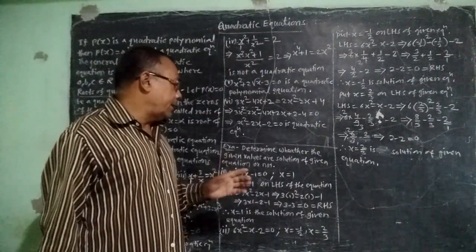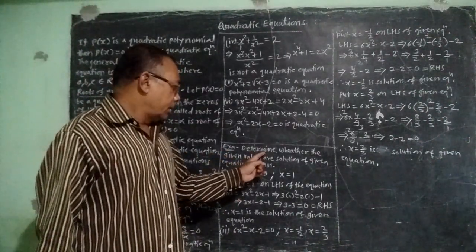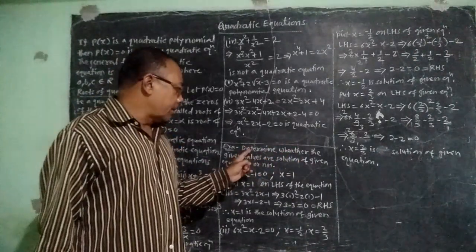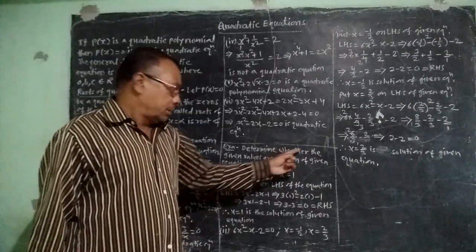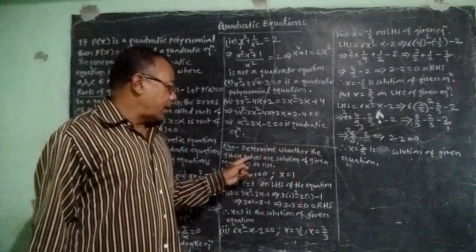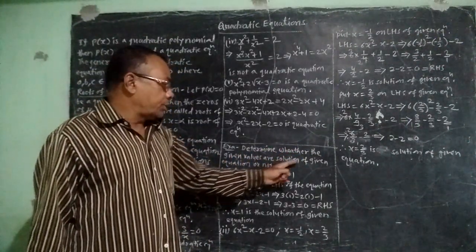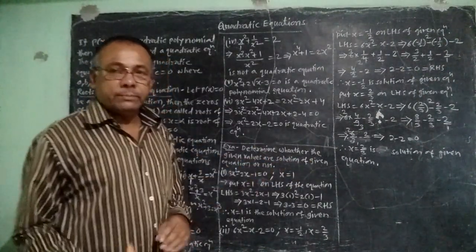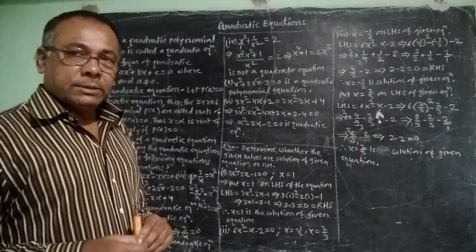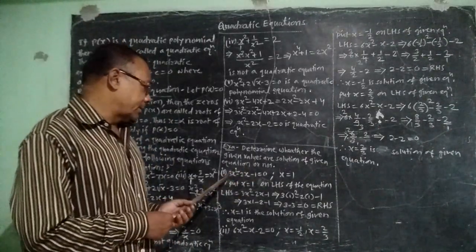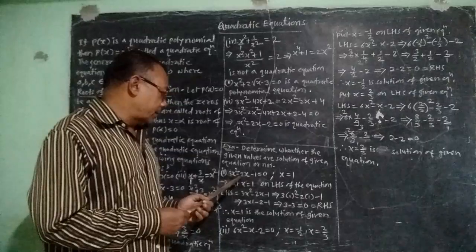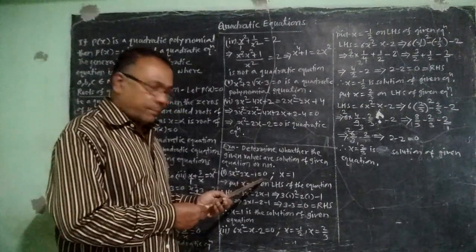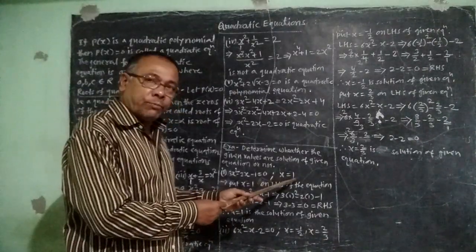In the next example it is given: determine whether the given values are solutions of the given equation or not. Here in the first example, 3x square minus 2x minus 1 is equal to 0 and the value of x is given as 1.